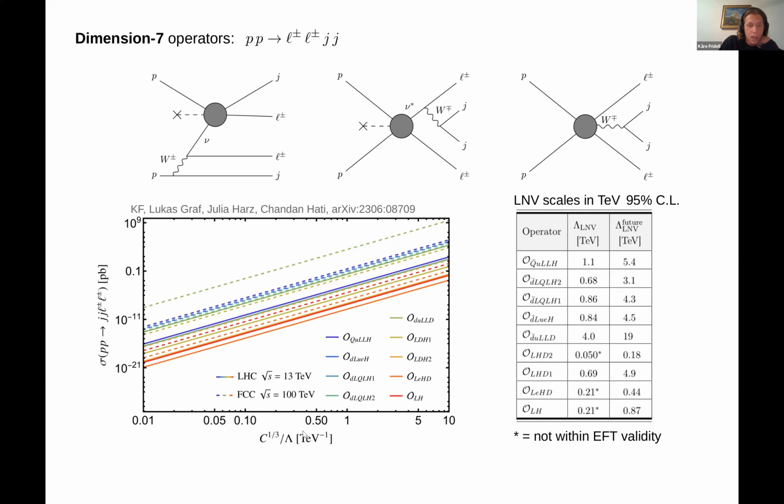So for every order of magnitude increase in the new physics scale, the cross section changes by 6 orders of magnitude. And the reason for that is that these are dimension 7 operators, which in the Lagrangian come with Wilson coefficient 1/lambda^3. And because the cross section is proportional to the square of the Lagrangian, you have 1/lambda^6 in the cross section. So that's why we have such a rapid scaling.